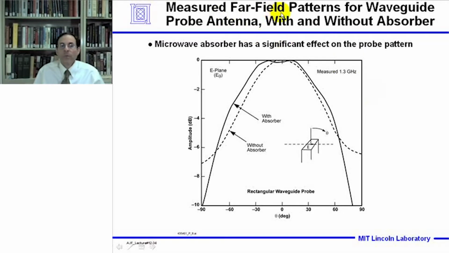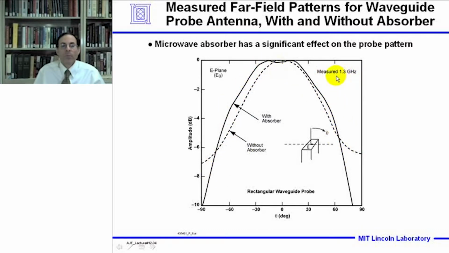This slide shows the measured far field patterns for the waveguide probe antenna with and without microwave absorber. And what we see is that the microwave absorber has a significant effect on the probe pattern. The dashed curve is without absorber, and the solid curve is with absorber.